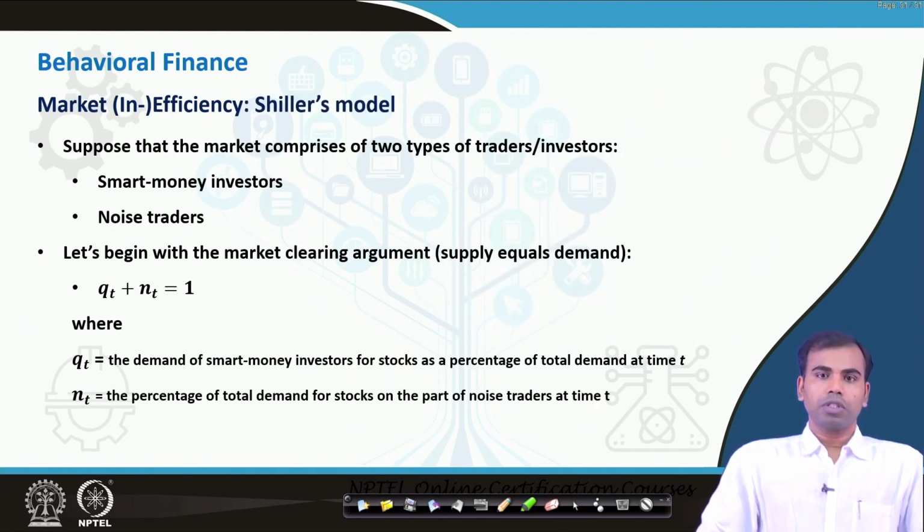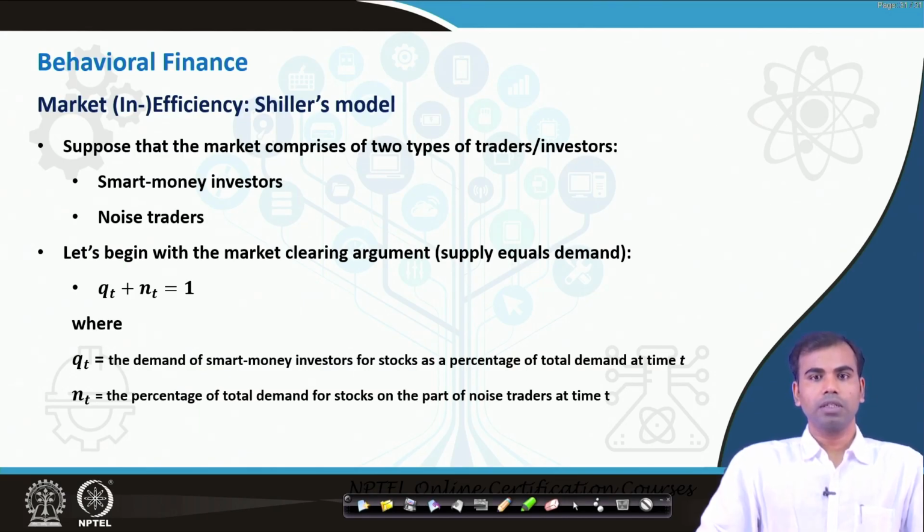When we talk about Robert Shiller's model of financial asset pricing, we will start with the assumption that the market comprises two major sets of investors, smart money investors and noise traders.